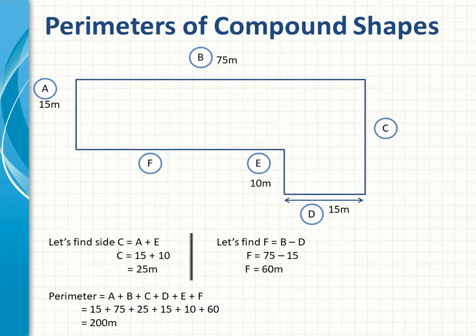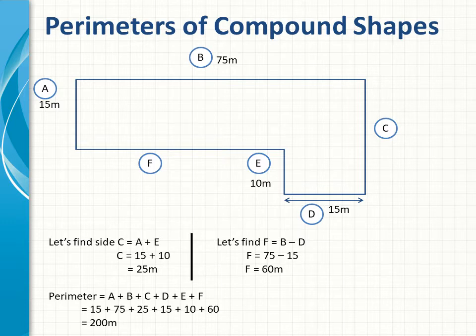Perimeters of compound shapes. This shape we have here is a compound shape. Now from this shape, can you see that it's like a letter L? It's an L shape, but from this we can make a full rectangle. Now let me say this: when you're finding the perimeter of shapes like this, please bear in mind that you're not looking for anything outside what you have here already.